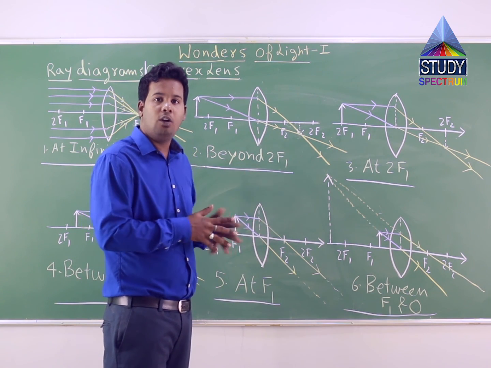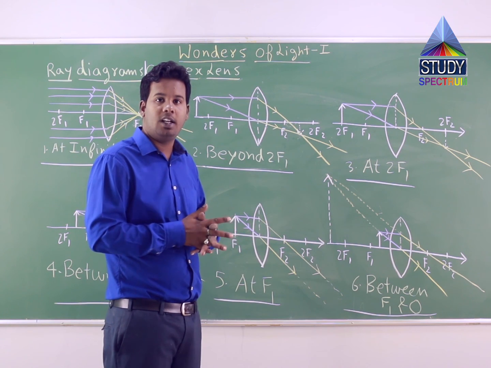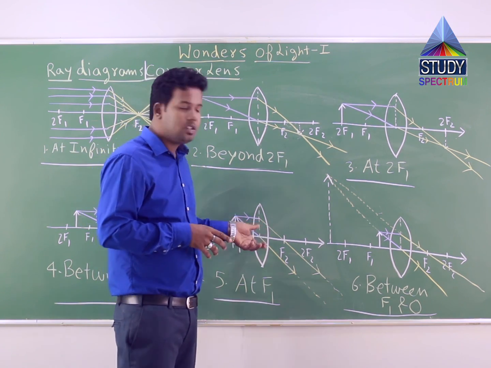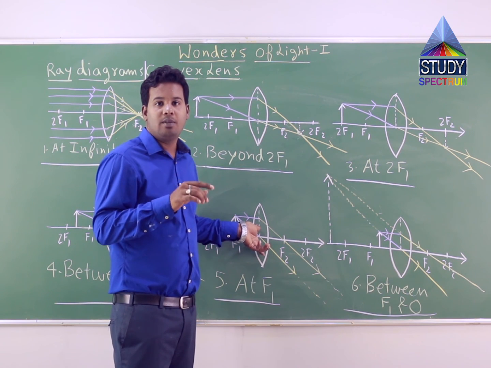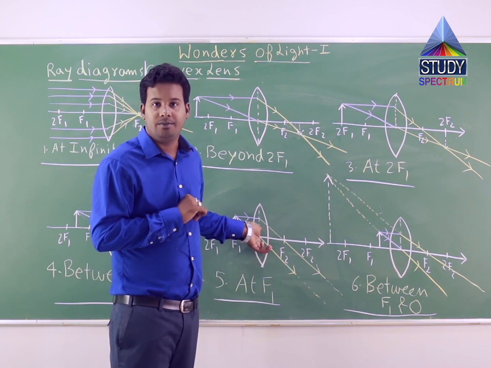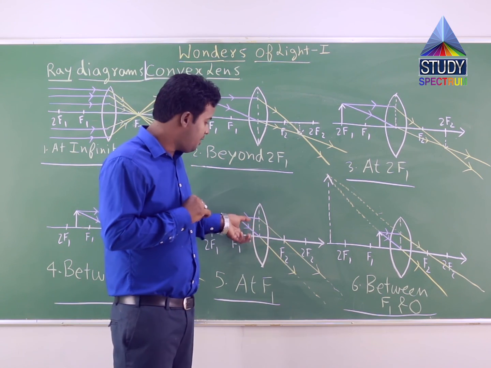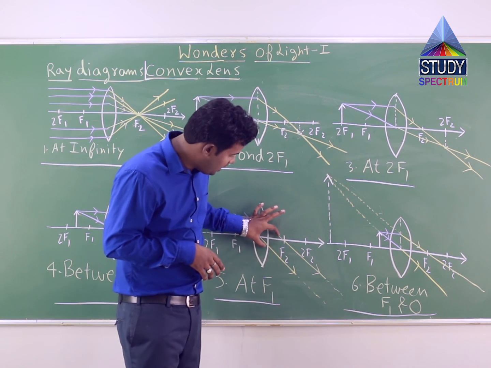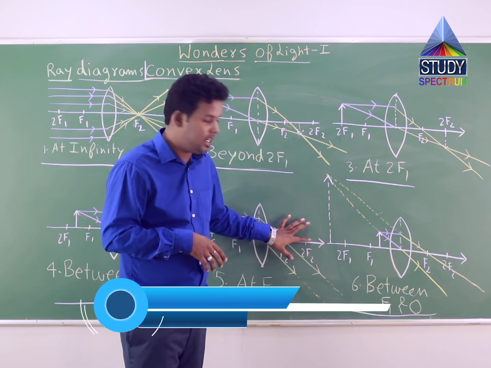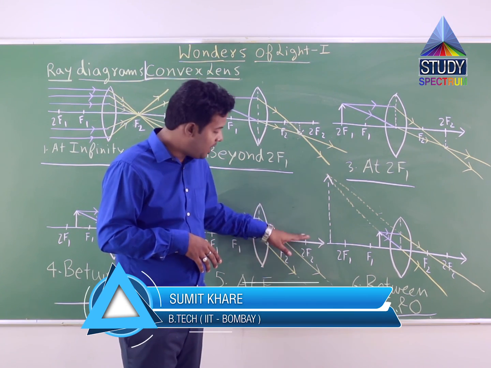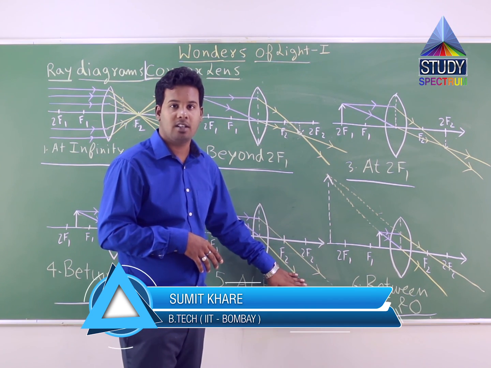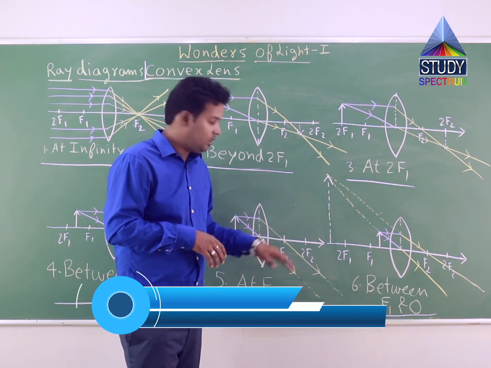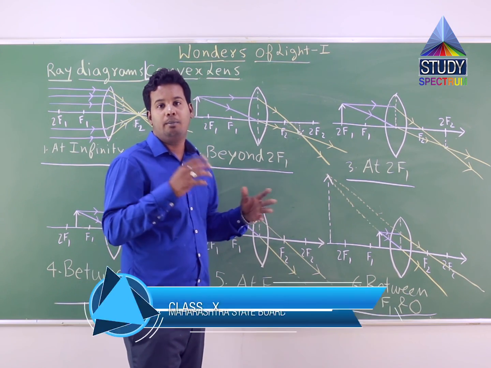When we substitute the value of v and u in the magnification formula, that is h2 by h1 is equal to v by u, we got h2 is equal to minus infinity times h1. Correct? That is why we have written the image is real but inverted. If you see, these lines nowhere are going to meet above the principal axis but can meet below the principal axis, so the image should be inverted, and this image will be highly magnified.